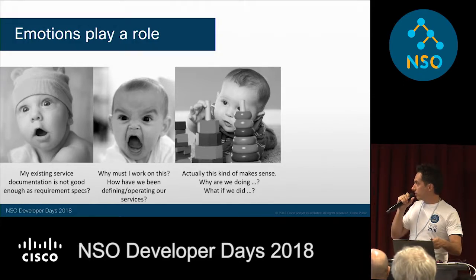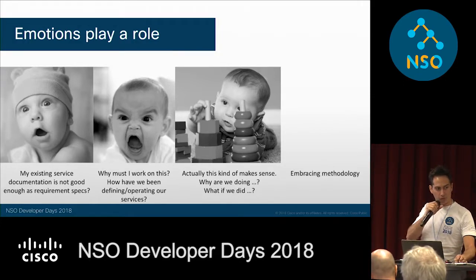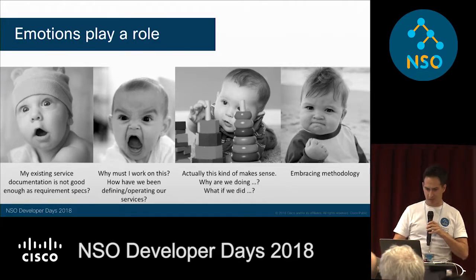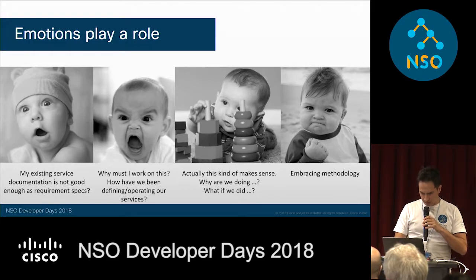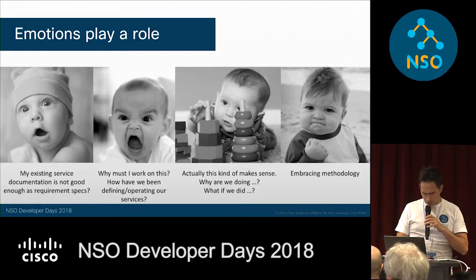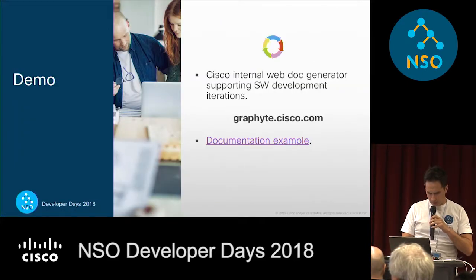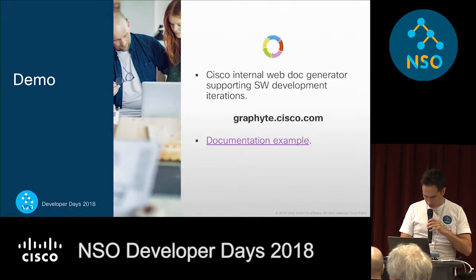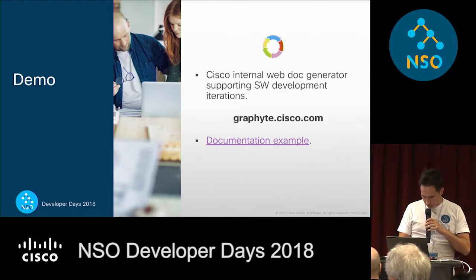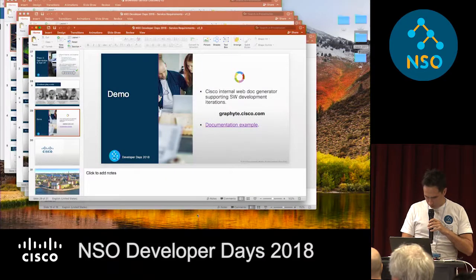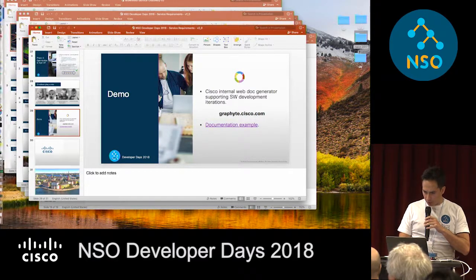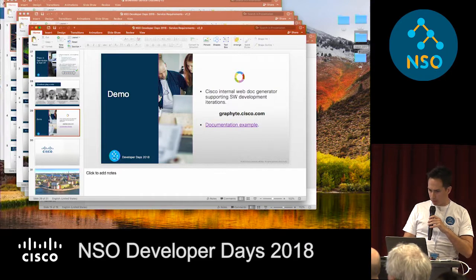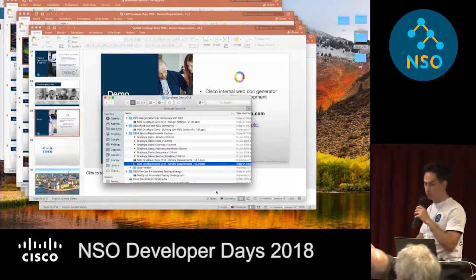So if I have some time, I would like to show an actual example of this documentation. It's going to be fast, I hope. So it should be here. This is the kind of documentation that we are building. We have an internal tool to automatically build this type of documentation.